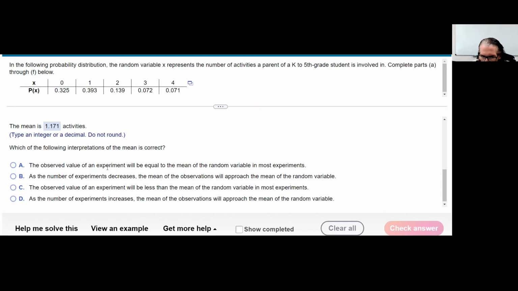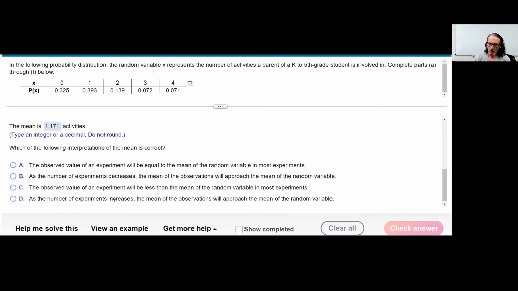If we do an experiment, no, I do not expect it to be exactly equal to the mean. I don't want to talk about the law of large numbers when the number of experiments decreases. I want to talk about increases.